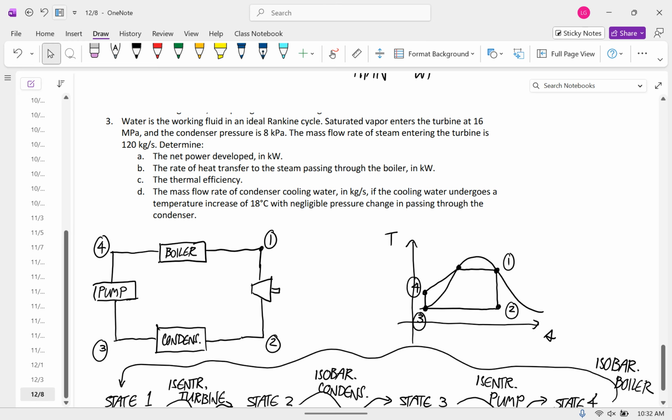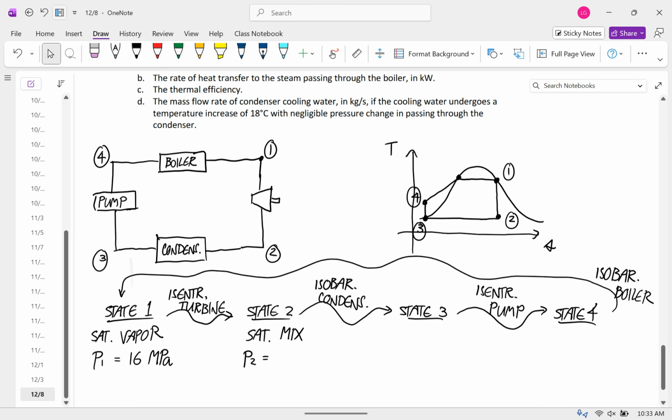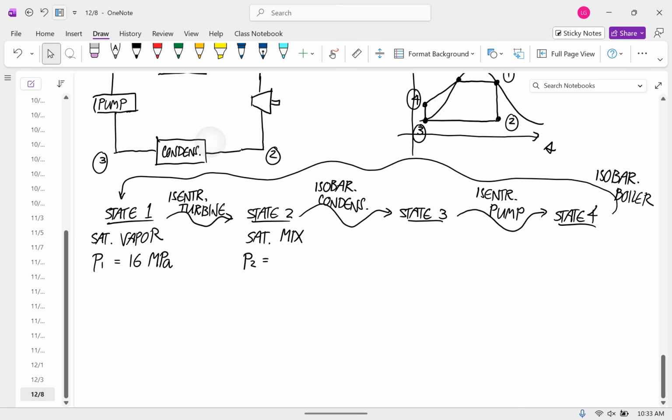The condenser pressure is 8 kilopascals. So the condenser is from state 2 to state 3. That's isobaric. At state 2, this is a saturated mix. And we're given that the pressure at state 2 is 8 kilopascals.